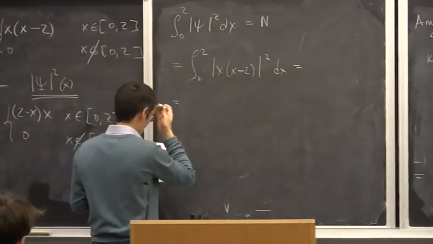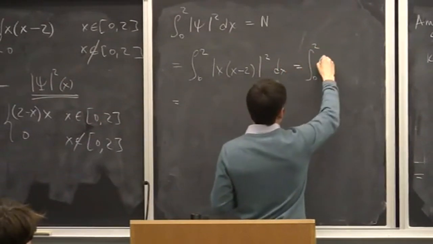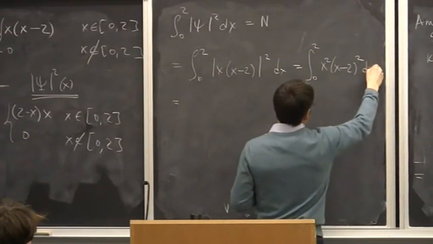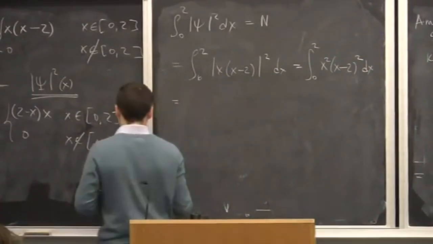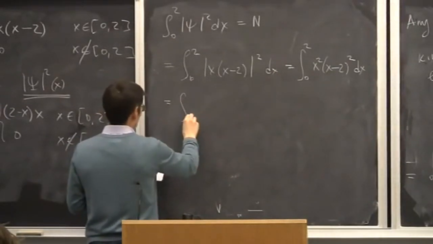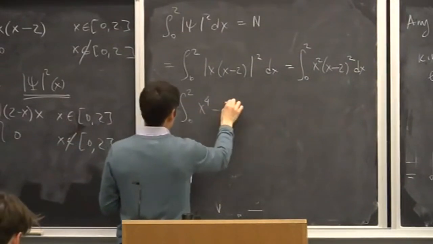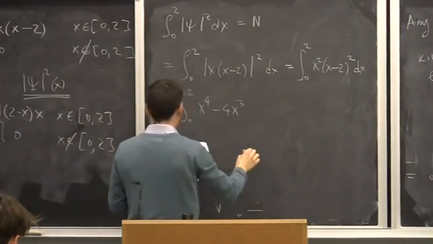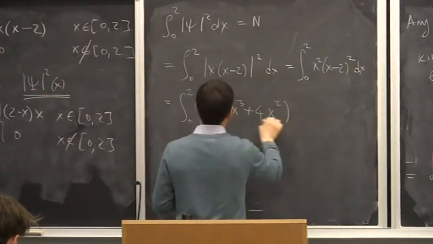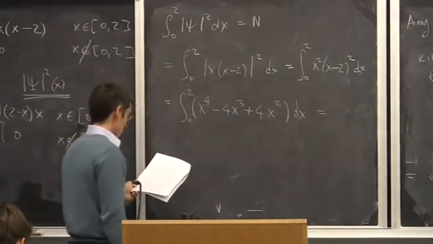So this is a real function, we can skip the absolute value, and then have an integral to take of x to the fourth minus 4 x cubed and so on.